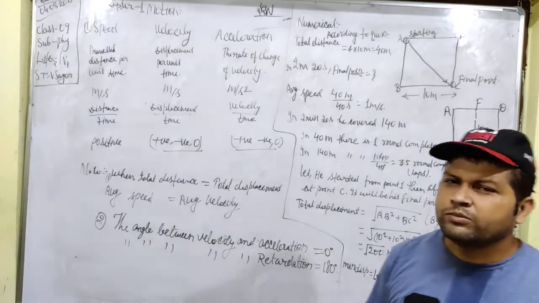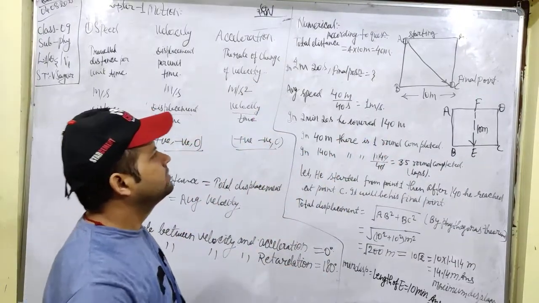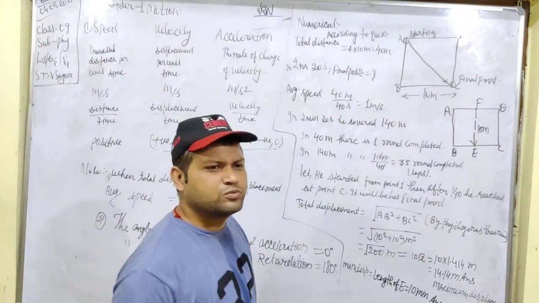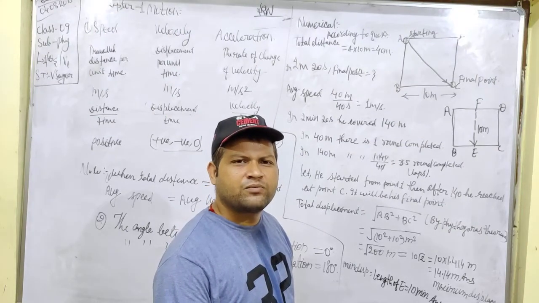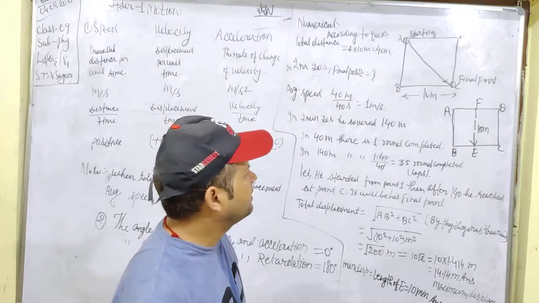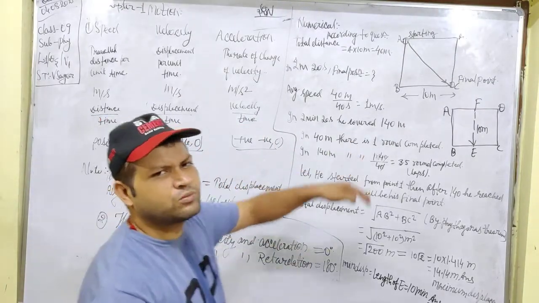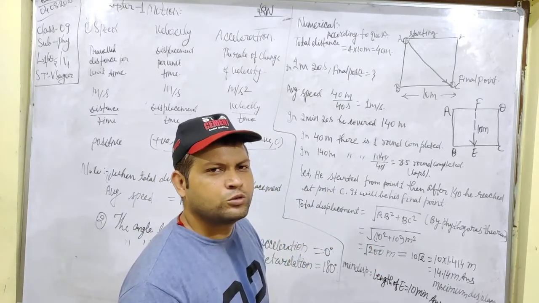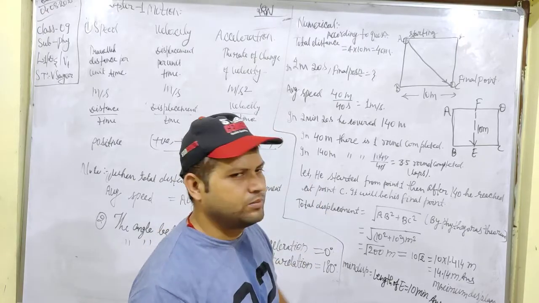Now I am going to solve some problems, just numericals. According to the question, it is given that a farmer moves along a square field and covers its square boundary in 40 seconds, whose length of one side is equal to 10 meter.